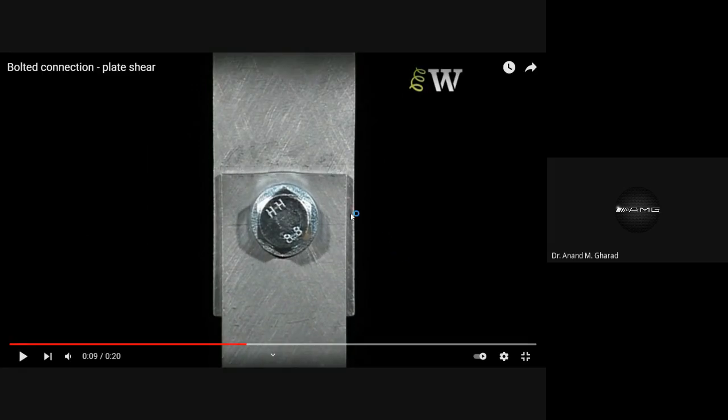Okay, what do you observe over here? The upper plate is connected to some connection. It is fixed, and this plate is getting pulled. So you can see the grade of the plate over here is less compared to the grade of this bolt. Now you see the behavior, how it fails.